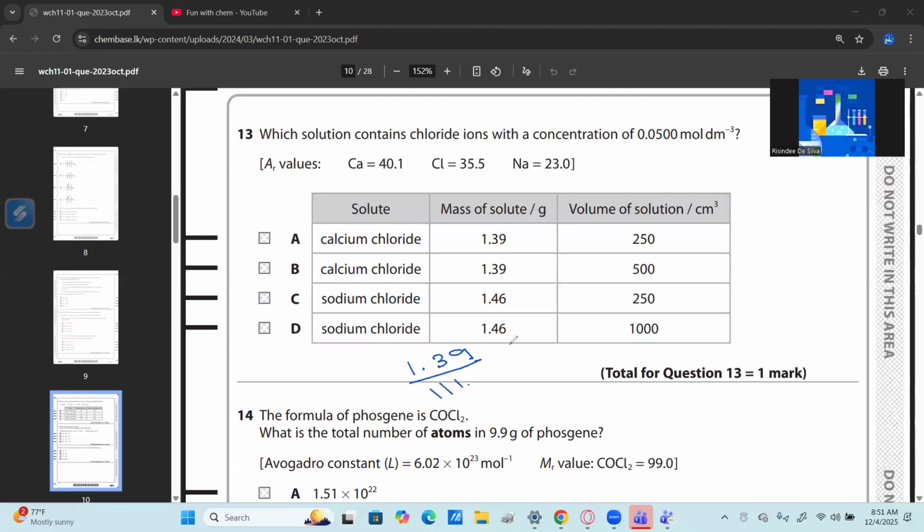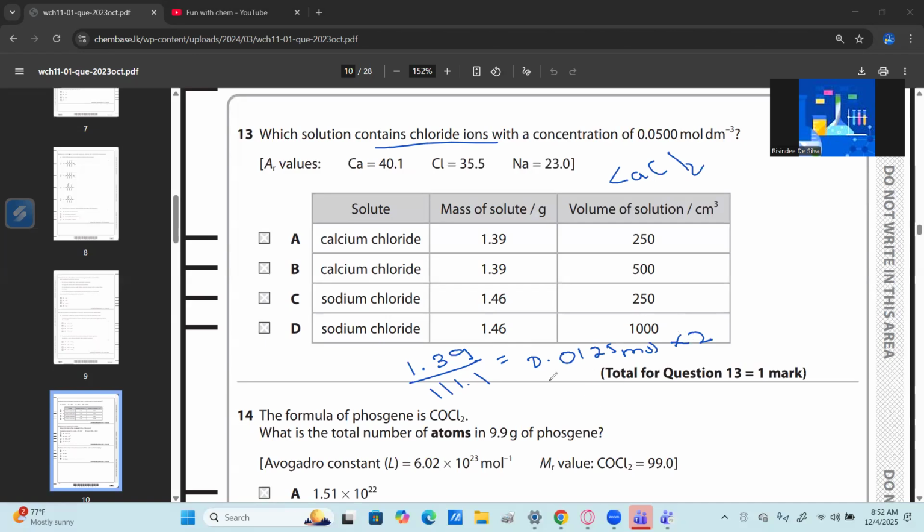So when you divide 1.39 by the answer, you get 0.0125. So in 1 mole of calcium chloride, you have 2 chloride ions, because CaCl2 has 2 chloride ions.